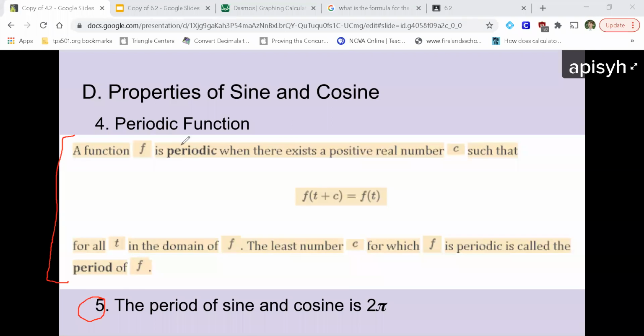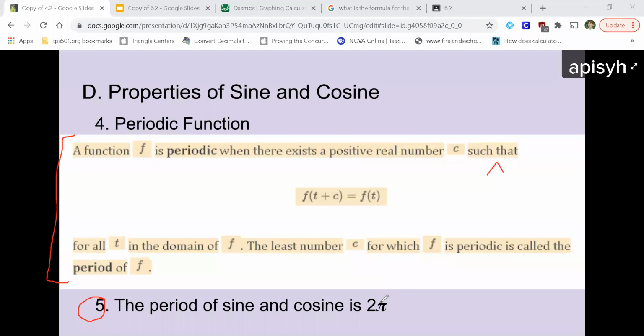A function is periodic if there's a real number you can add to an input and get the same answer as a previous input, for all values in the domain. Sine and cosine are periodic, and their period is 2 pi.